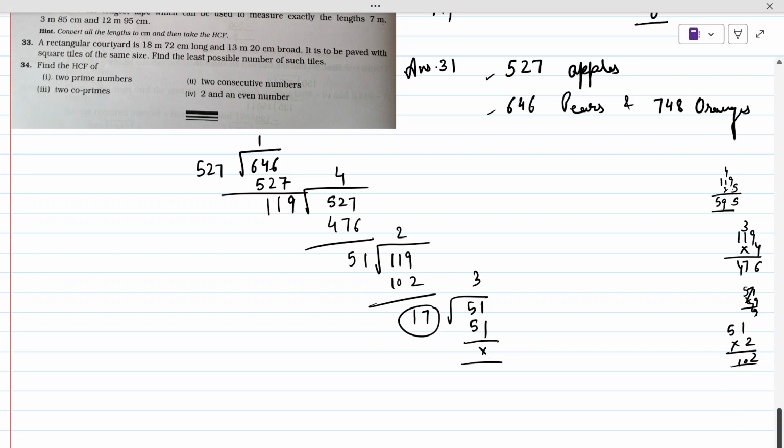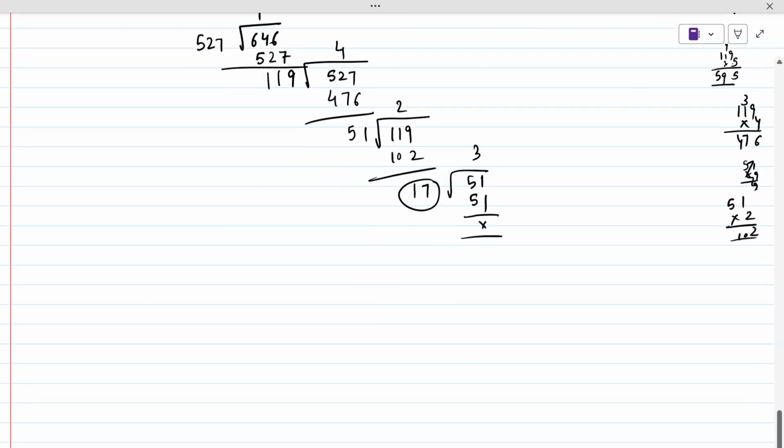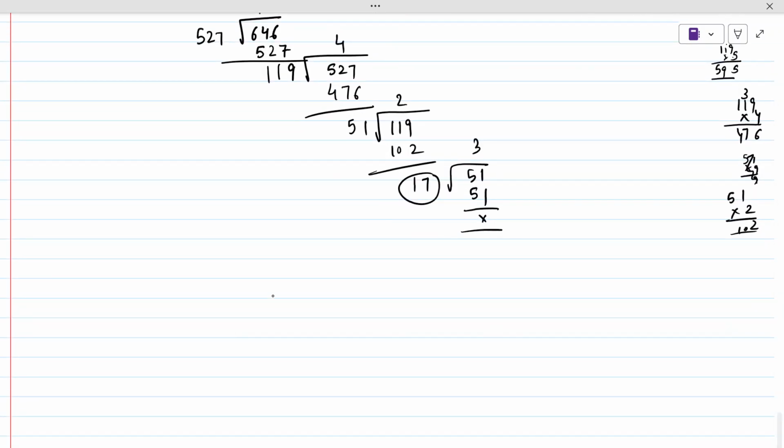The HCF of the first two numbers is 17, but we have one more number, oranges. So we will take the HCF of this 17 and the number which is remaining, 748. Okay, so what we will do here is we can take 17 and 74.